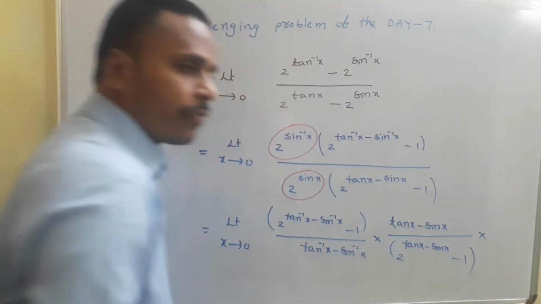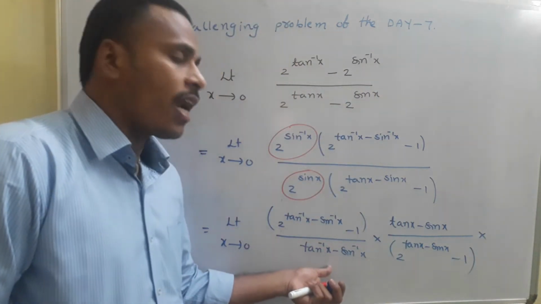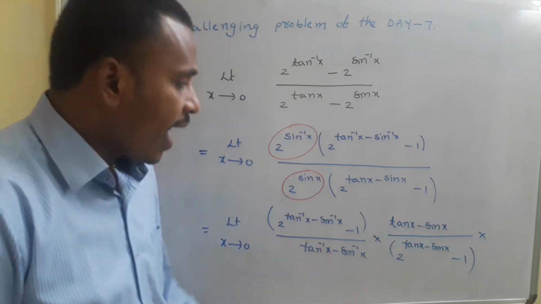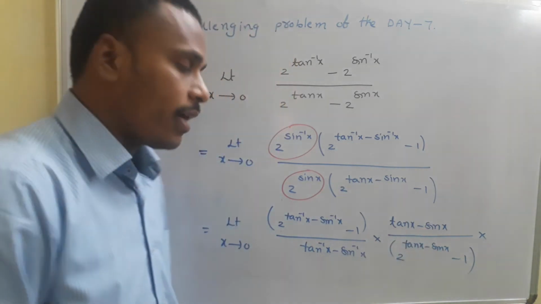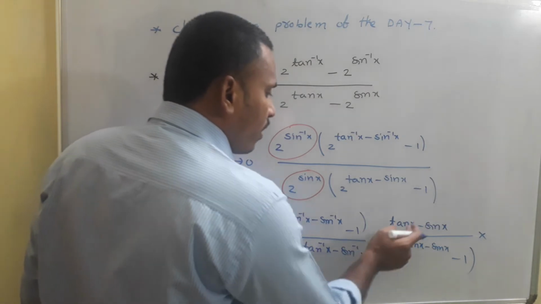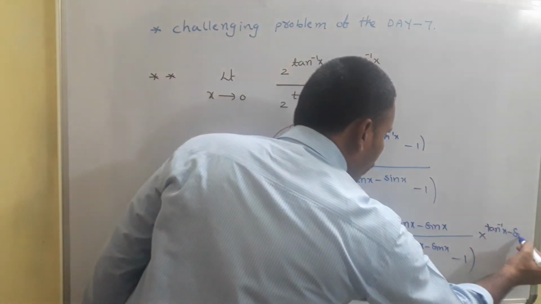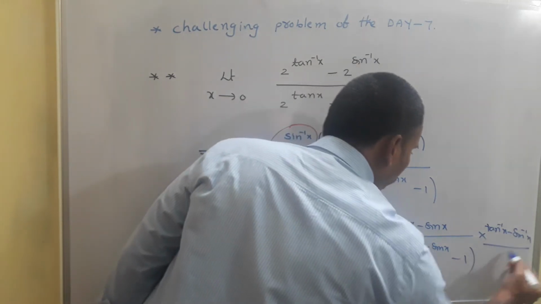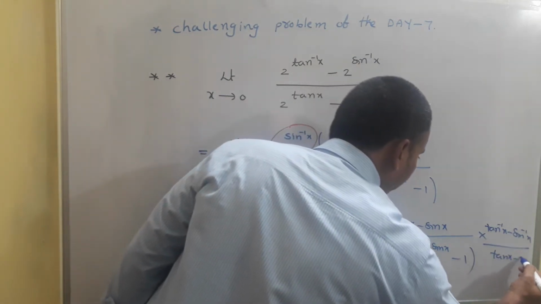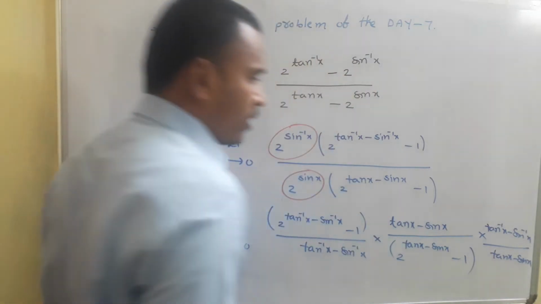To balance, since I divided by tan⁻¹x − sin⁻¹x and multiplied by tan x − sin x, we need to write here (tan⁻¹x − sin⁻¹x) divided by (tan x − sin x).